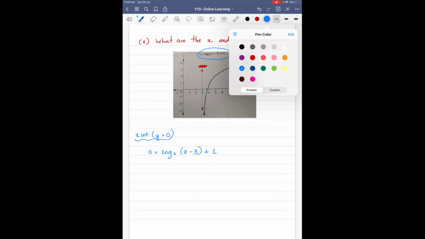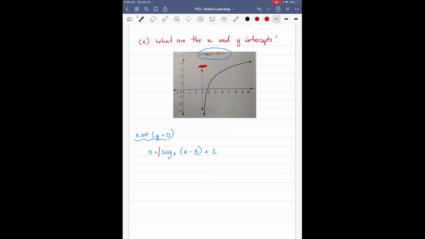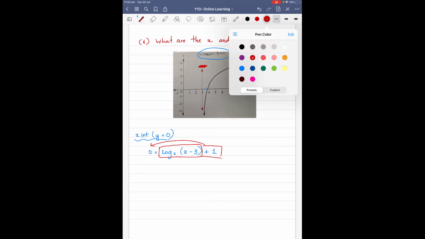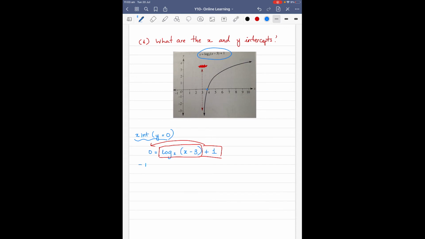Now let's do our algebra. We want to know that there are 2 terms. That's 1 term, 2 terms. We're going to bring this term over first because x is kind of stuck in the first term. Yeah, so we have minus 1 equals log base 2 of (x minus 3).